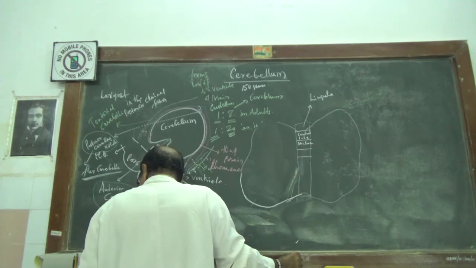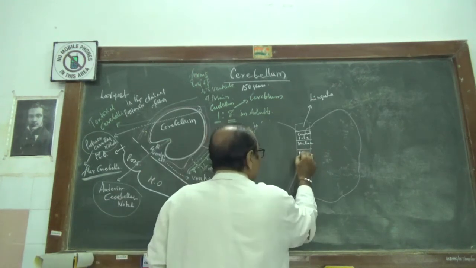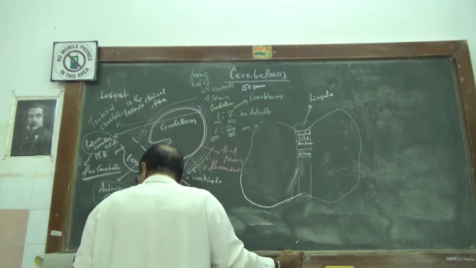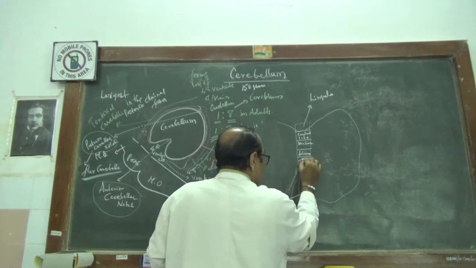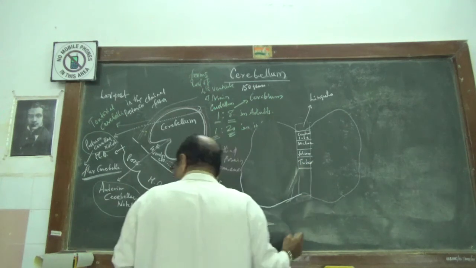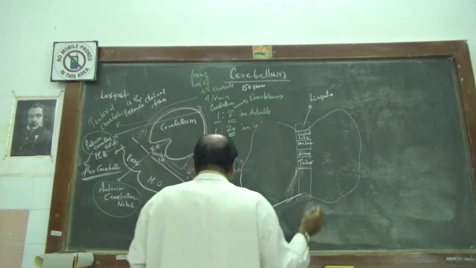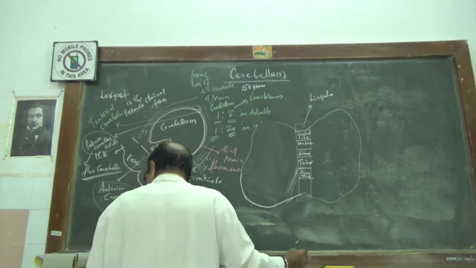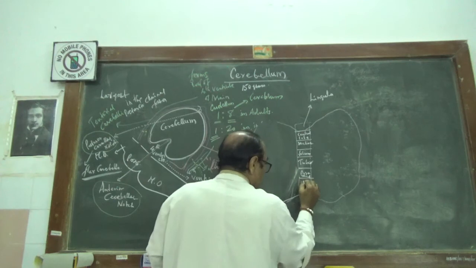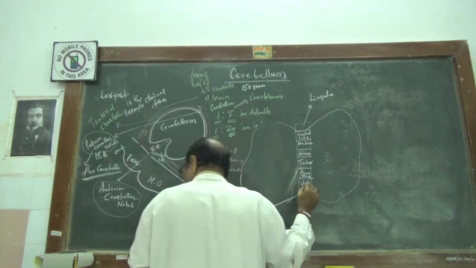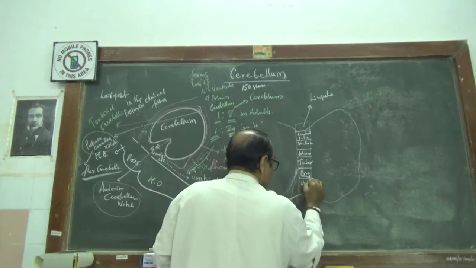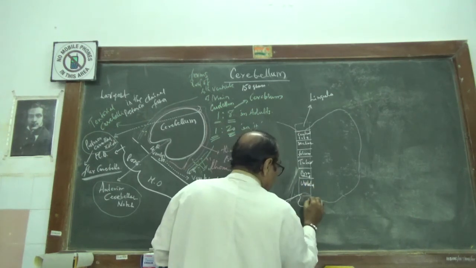Then you will get the declive, then the folium, then the tuber, then a pyramid, then the uvula, and this will be the nodule.